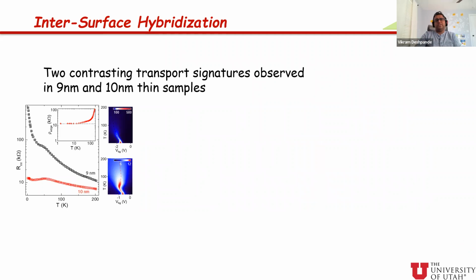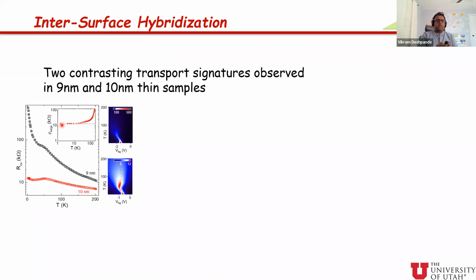And what we found, for example, was that, as we cooled these samples down, the 9 nanometer sample shot up in longitudinal resistance, whereas the 10 nanometer sample kind of saturated. And in fact, if you take the difference of the 10 nanometer and the 9 nanometer sample, it looks like basically the resistance, the difference of the two samples saturates exactly at h/2e².